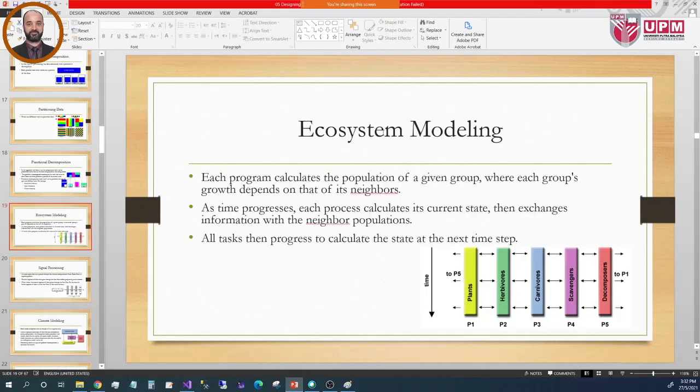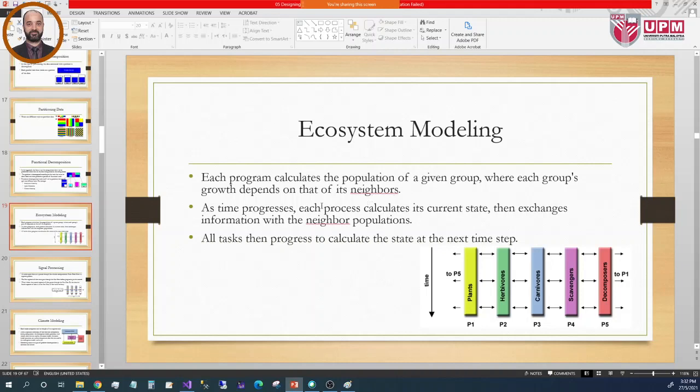Okay, let us come to the ecosystem modeling. Each program calculates the population of a given group, where each group's growth depends on that of its neighbors.